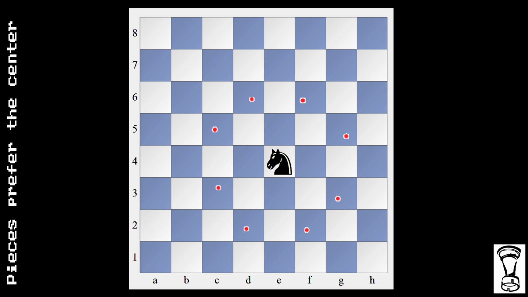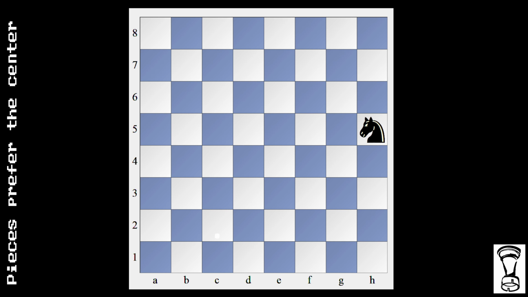Let's move the knight to the rim. Knight on the rim is grim or is dim. Kids say both. I believe it's grim. Oops. Let's go here.